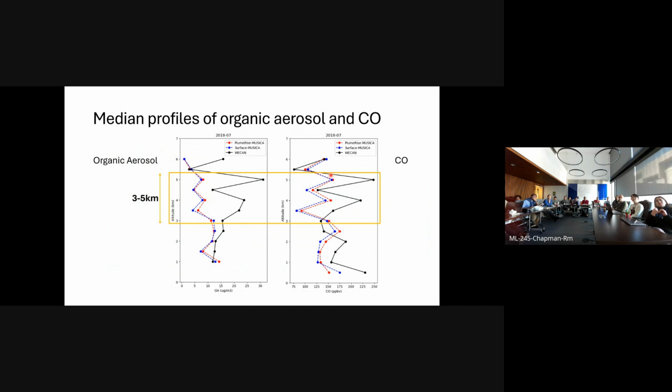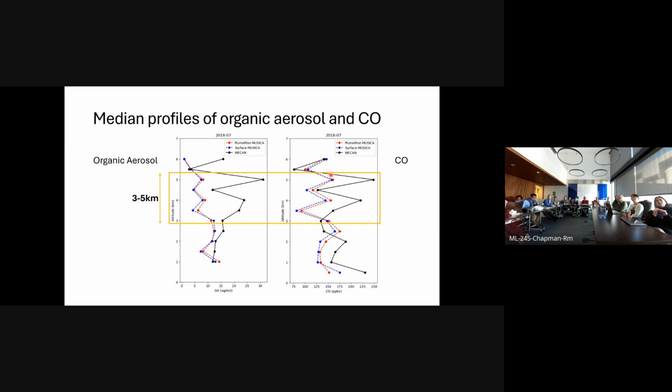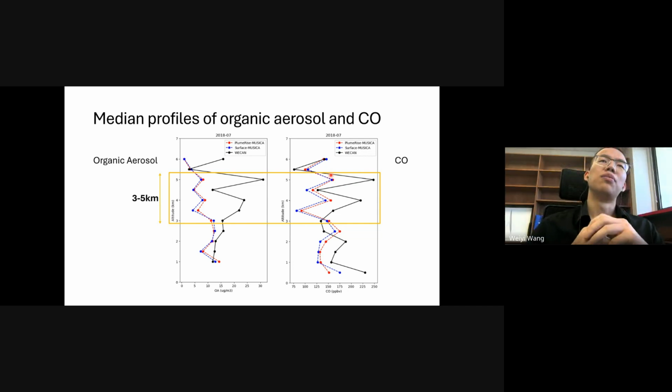So it looks like the plume rise doesn't really affect the profile all that much. Yes. Do they have the same amount of emission? Is this distributed vertically differently? Yeah, the total amount are the same, but the vertical distribution are different.